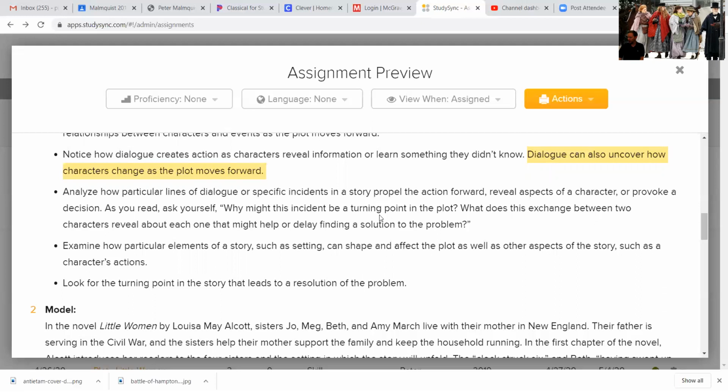Where were we? Okay, we did that one. Next one. Examine how particular elements of a story, such as setting, can shape and affect the plot, as well as other aspects of the story, such as a character's actions. I want to highlight the setting, okay? Because you guys, the setting is going to determine what kind of story we're going to be reading.